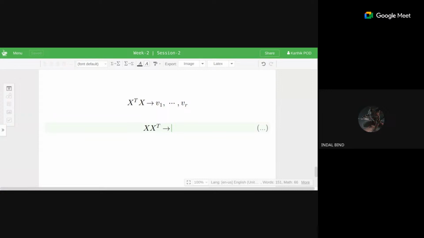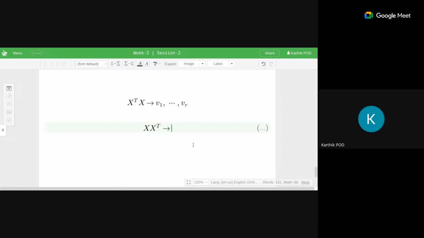So we are using different notation here. So X V1 by root lambda 1. Exactly, right? Yes, by under root of.